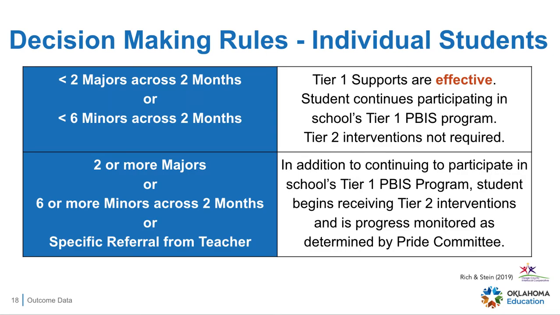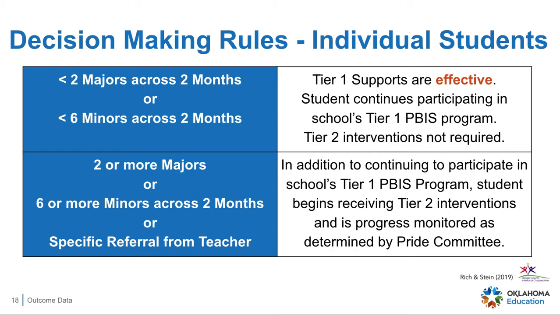School-wide and group outcome data and problem solving is the focus of Tier 1. However, there will be a need for decision rules for individual students. Often, using school discipline data can help a team identify students needing additional supports. Here is an example of one team's decision rule for students.